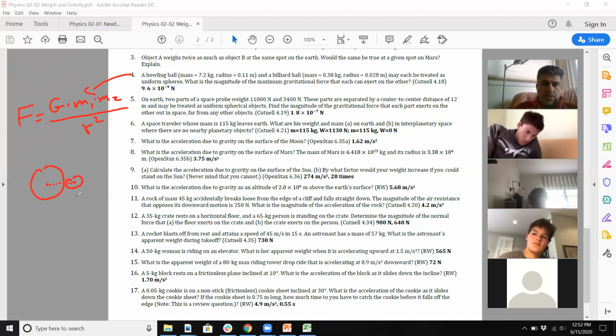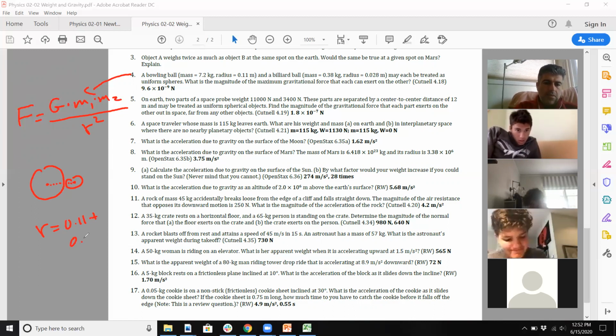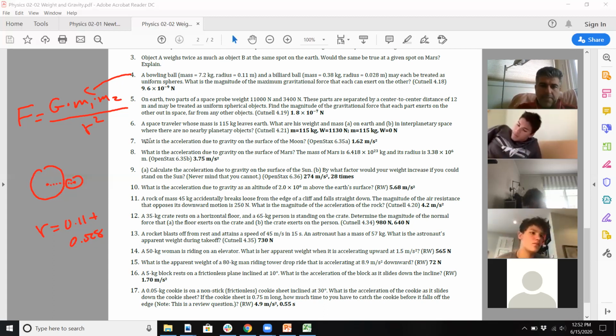So essentially, you're going to be adding those 2 radii, because it's the distance between the 2 centers. And the capital G, we saw that earlier. So that's number 4. For number 5, you guys can figure 5 out. It's the same thing.